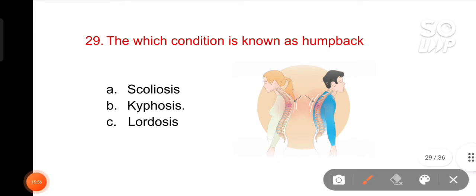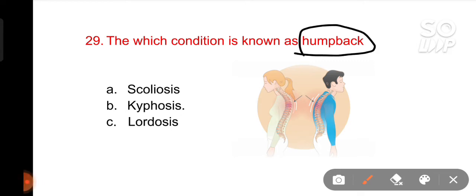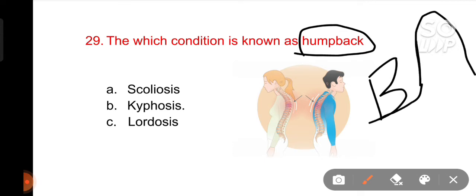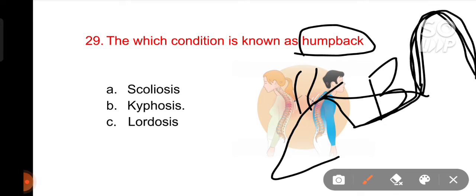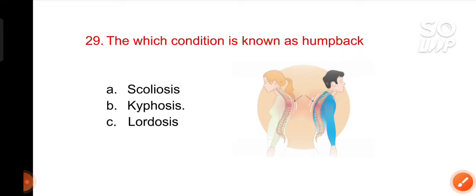The next question is: which condition is known as humpback? In the buffalo we can see the hump. The buffalo looks like this. So this name comes under which condition?